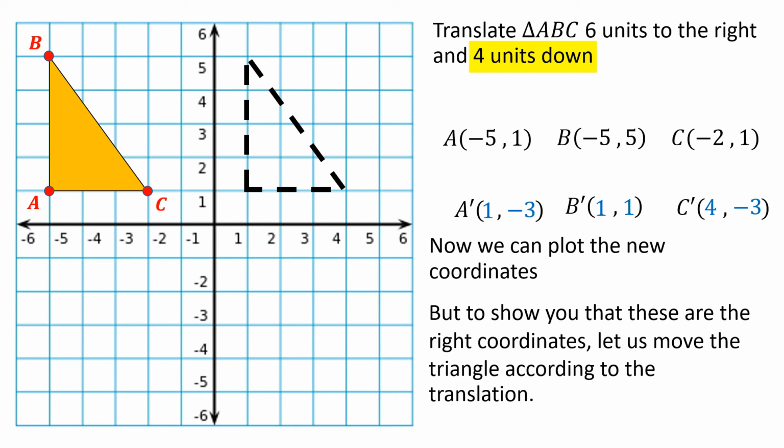Next is 4 units down. We will move the triangle 4 units downward. That is 1, 2, 3, and 4. So this location now is the position of the image of our triangle ABC. So let us draw a triangle.